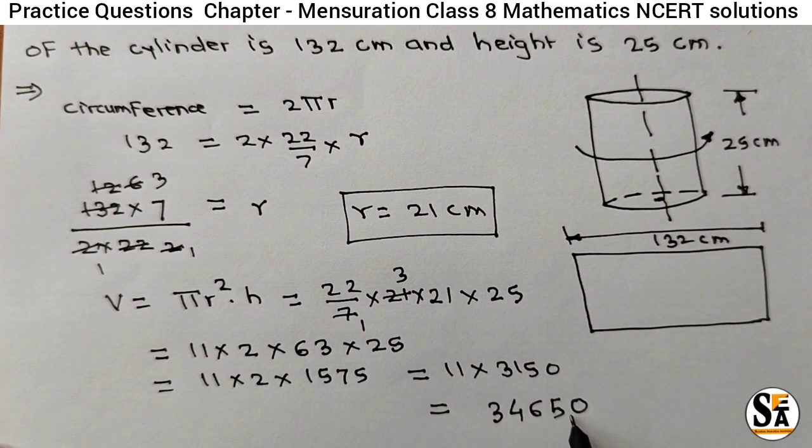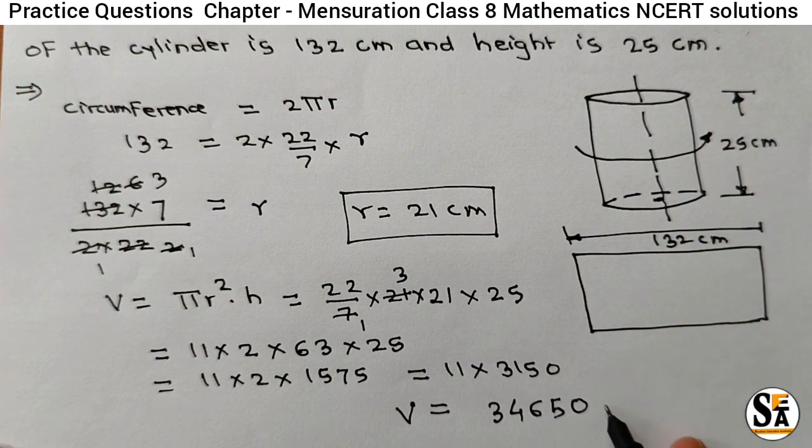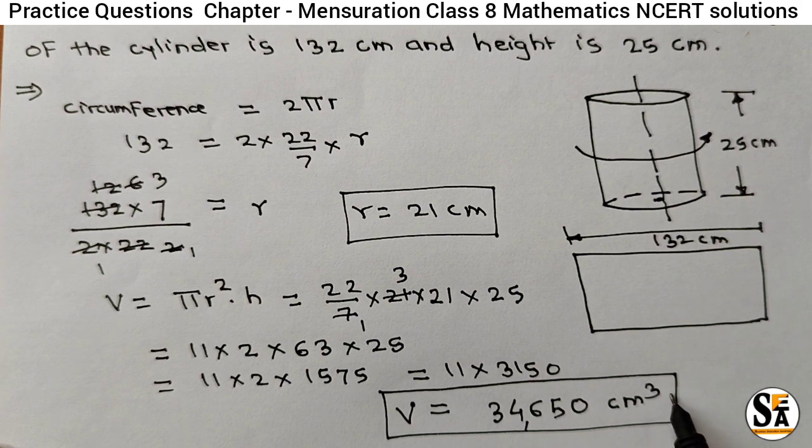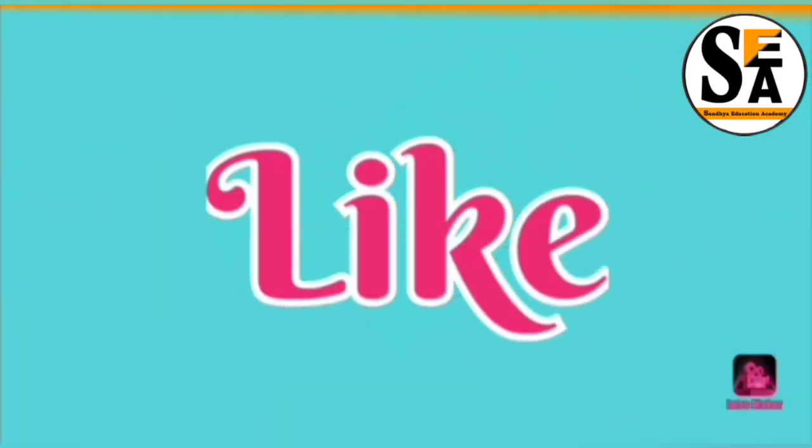So this is the multiplication and that is the volume, isn't it? Volume of the cylinder is 34650, and unit is centimeter cube. So our answer is that the volume of the cylinder with these dimensions is 34,650 centimeter cube.